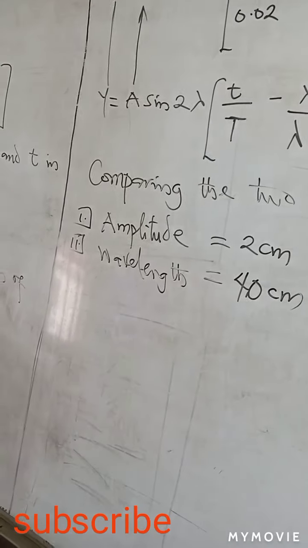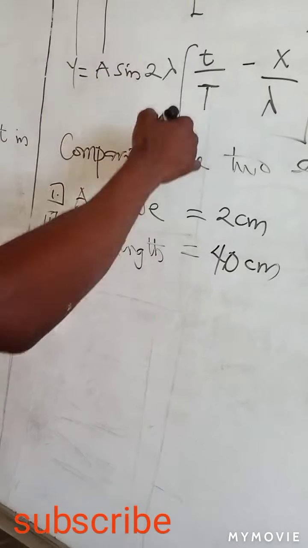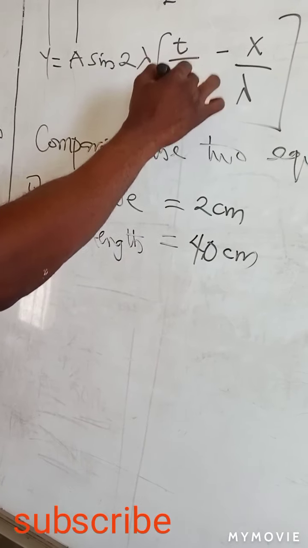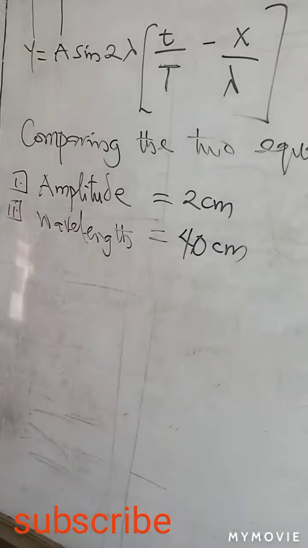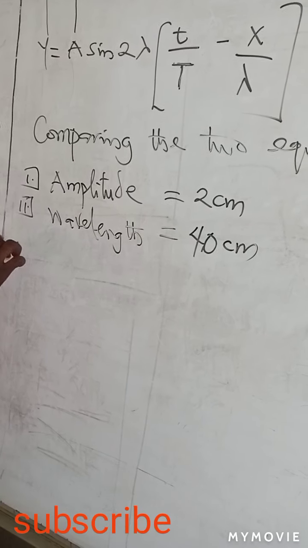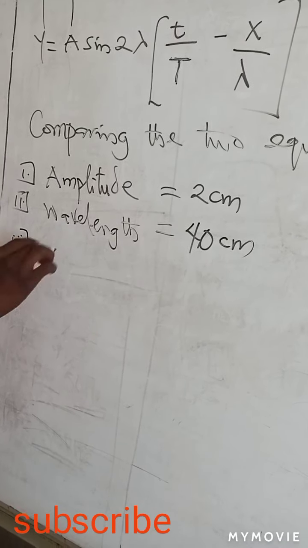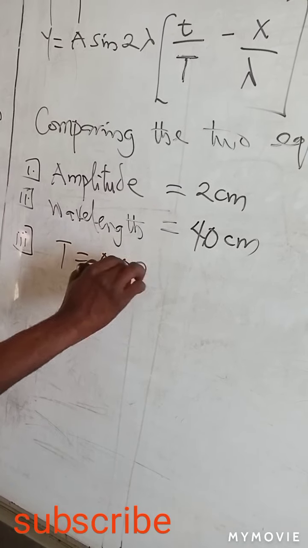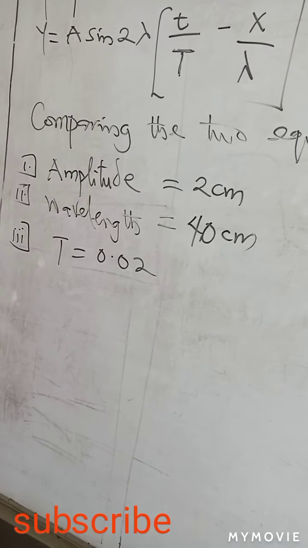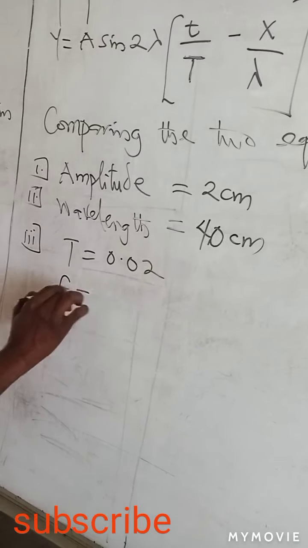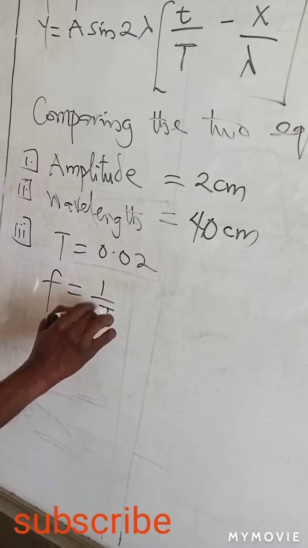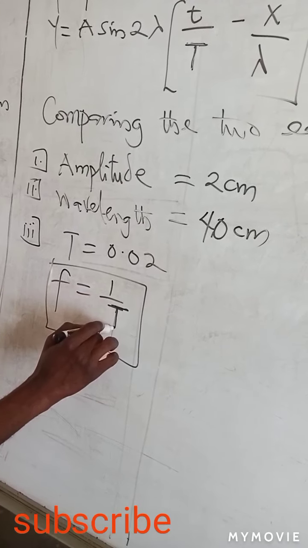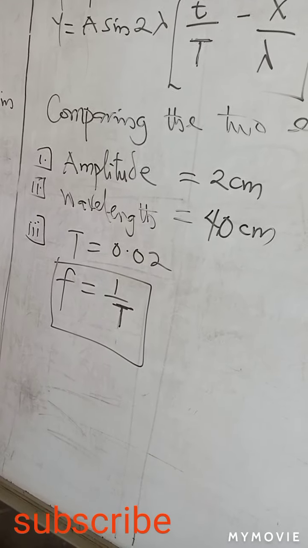The next thing is to determine the frequency. When we look at the comparison, where we have T here, we have 0.02. That is, T is equal to 0.02. And there is a formula that says F equals 1 over T for frequency.